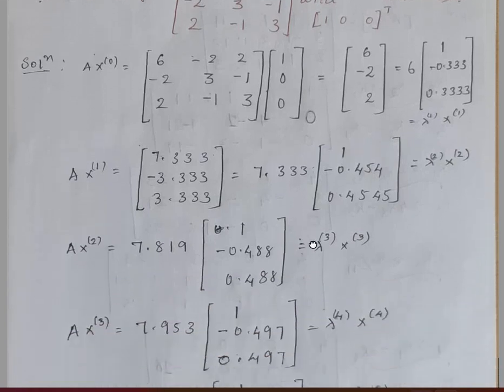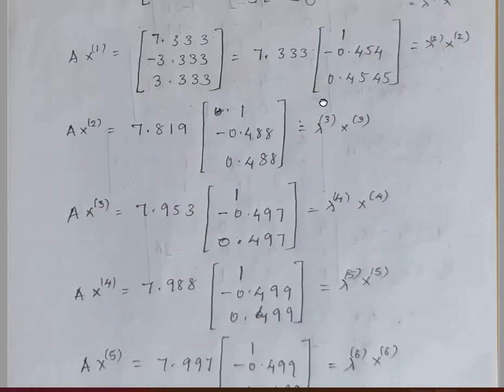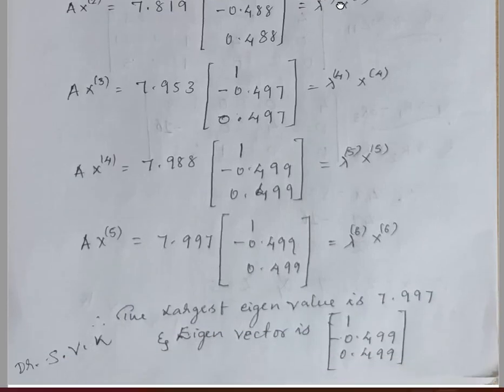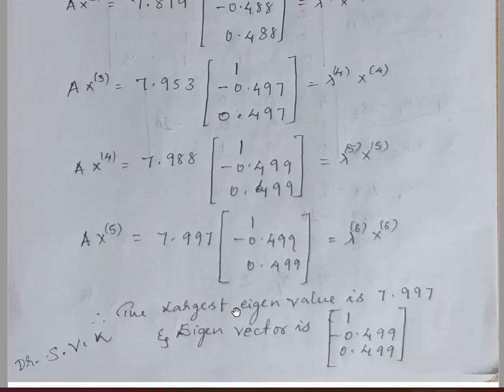Similarly, I got lambda 4, x4, lambda 5, x5, lambda 6, x6. So this is the largest eigenvalue, 7.997, or you can write approximately 8, and the eigenvector as 1, minus 0.5, 0.5 is the largest eigenvector for the given matrix.